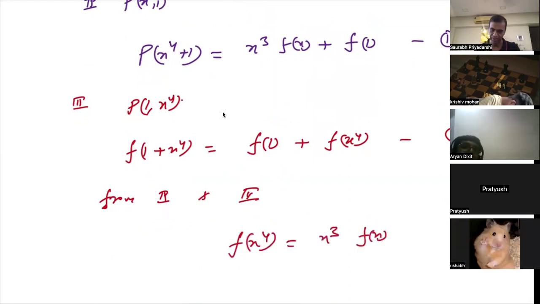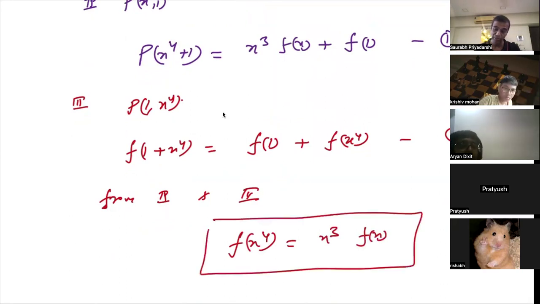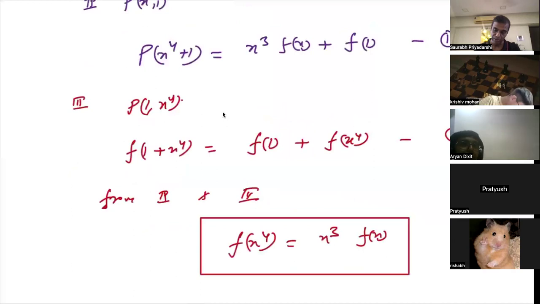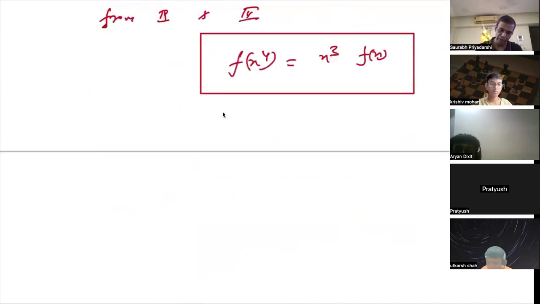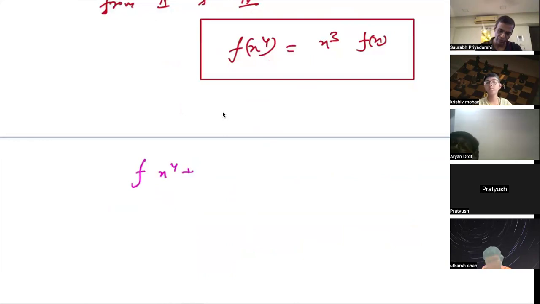Aryan, what you were telling, it has come to me, look. Utkarsh, very good. The same operation you have applied or something else? Same thing. Now my question is f of x to the power 4 plus y is equal to f of x to the power 4 plus f of y.